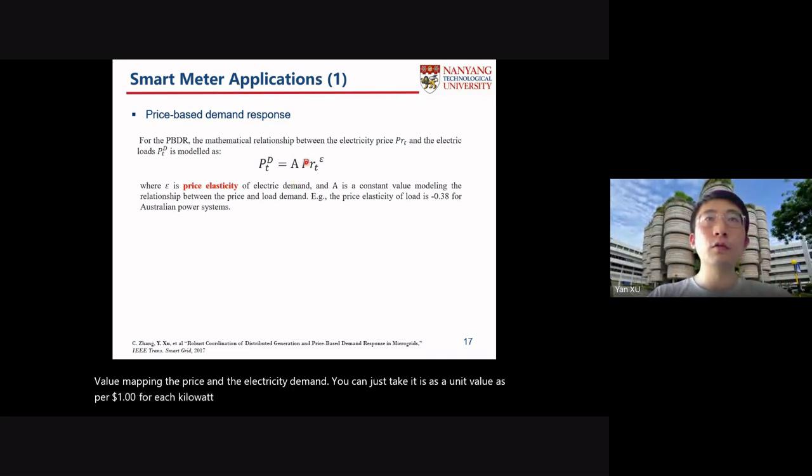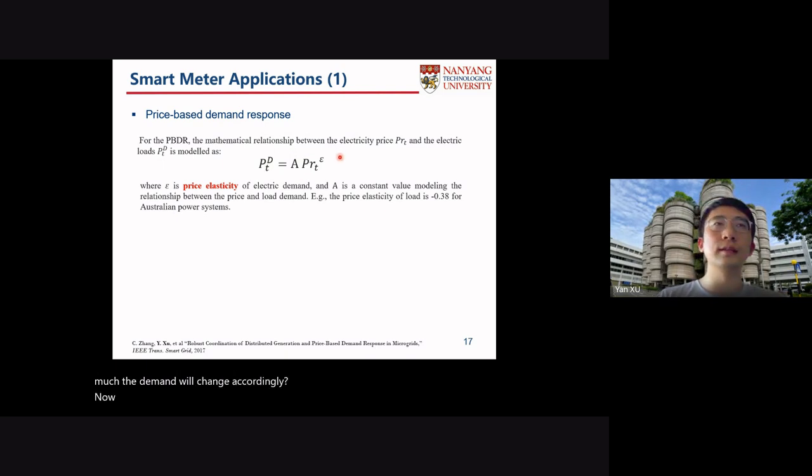Now, the question is we have to get the value of this epsilon. In other words, when the electricity price changes, how much the demand will change accordingly. Certainly this price elasticity has to be analyzed based on customer surveys.